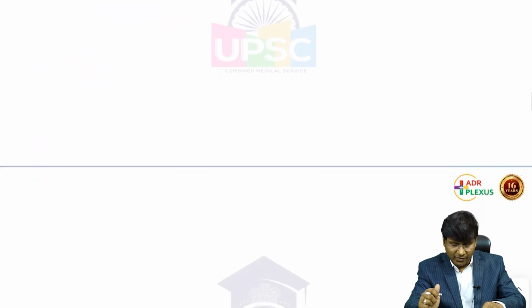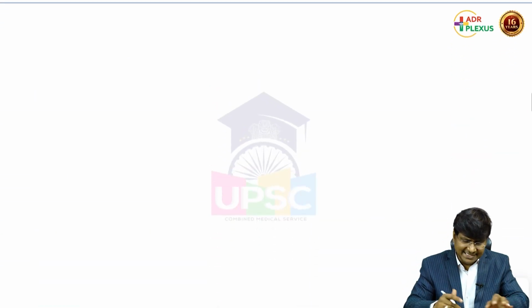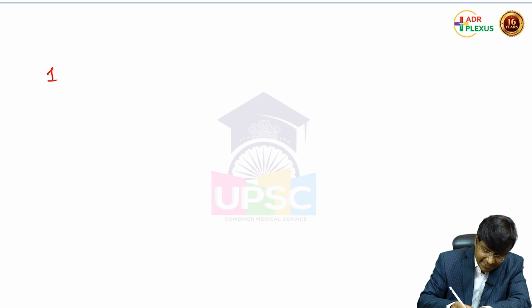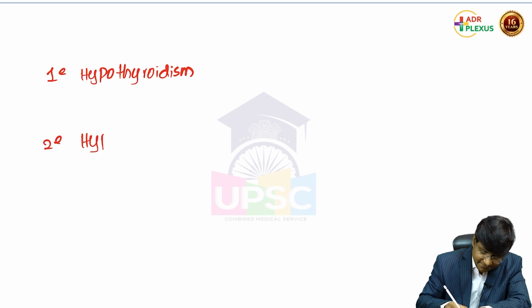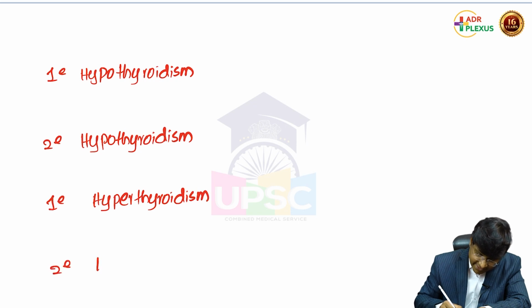Now if you take the workup, that is the investigations in patients. Okay, now before going on to the detailed investigations, these thyroid related disorders, we classify them as the following, that is the individuals with primary hypothyroidism, then secondary hypothyroidism, then primary hyperthyroidism, then we have secondary hyperthyroidism.